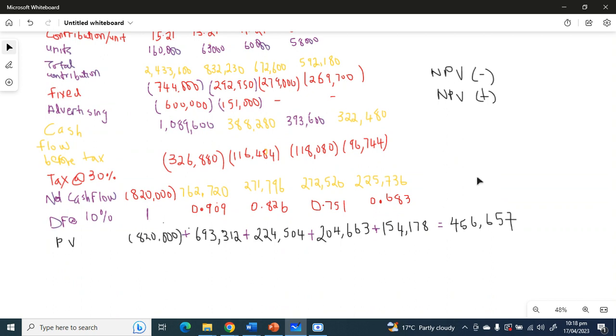So since our net present value is positive, we accept the project. Yes, you're right. Since the net present value equals this, and since it's a positive figure, we accept the project. That is what you write.